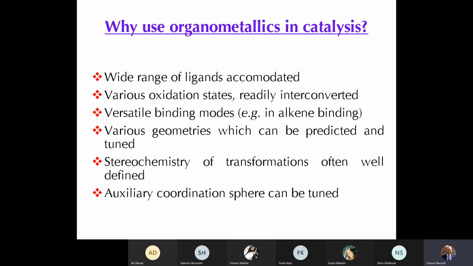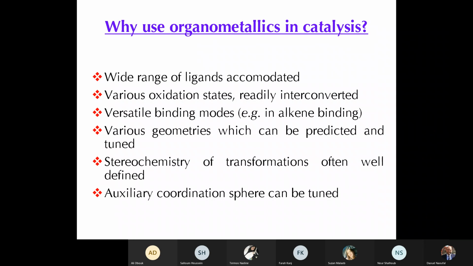The main strategy is to add this fragment to the organometallic complex, then to add the ligand L to the structure of the complex, and by reductive elimination, you can form the organic fragment and the ligand L in one product. So the importance of the organometallic complexes is that you can put any ligand you want on the structure of the complex.